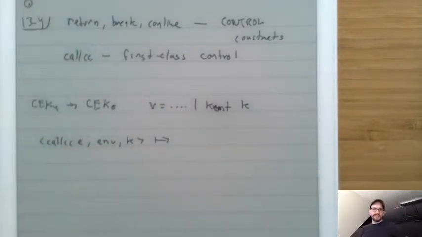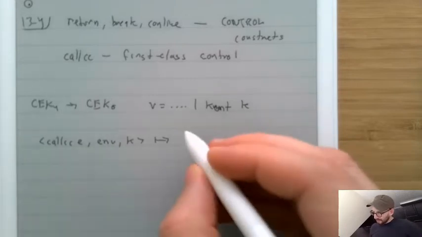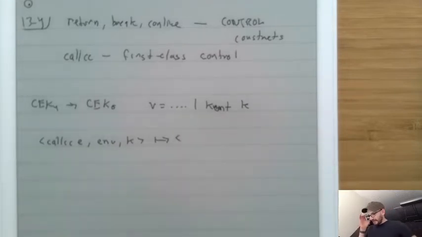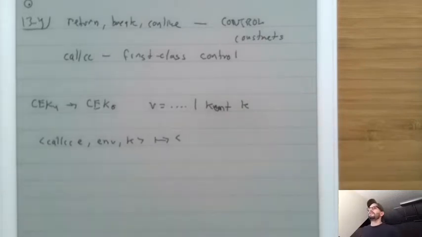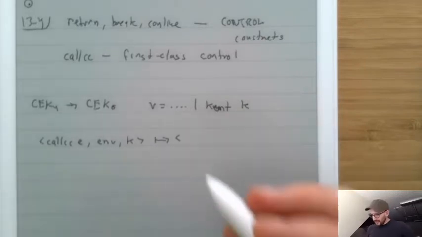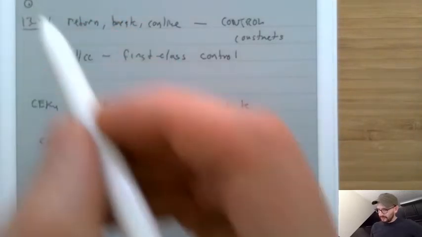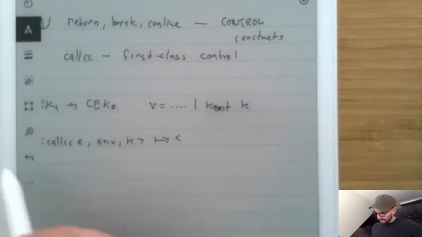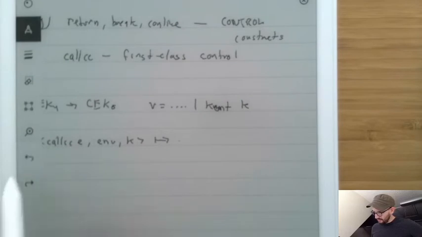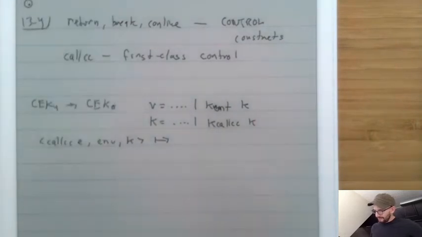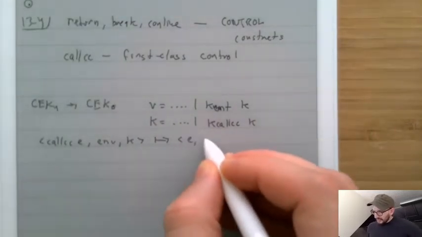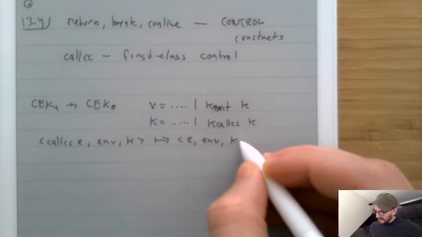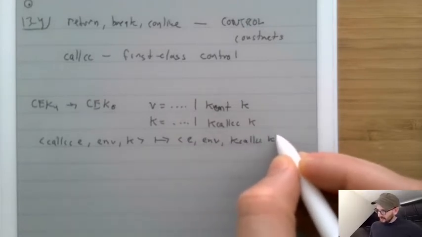So when we do a call CC of E with an environment and a K, what we're going to do is we're going to generate a call. Yeah, okay, this is why I didn't do that. Sorry. I wonder if I can do an undo. What does that do? Aha, there we go. All right, okay. So what this is going to do is it's going to focus on the E and give us a K call CC continuation.